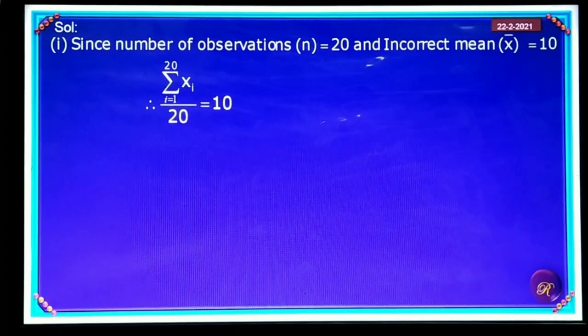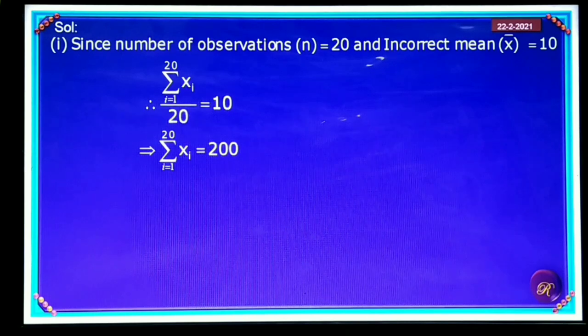This implies by cross multiplication we will get summation of xi, means sum of 20 observations, is equal to 200.